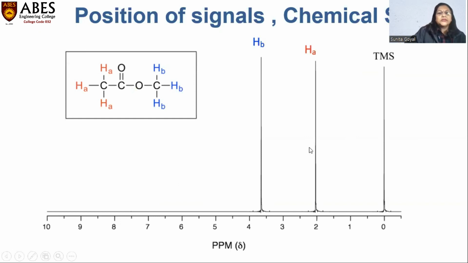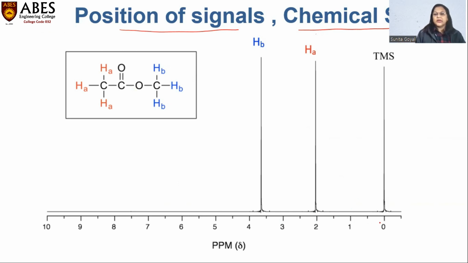Here we can see in this spectrum how we see different signals and how we can know about the chemical shift. In this spectrum, the signals start appearing from 0. This chemical shift is denoted by delta in ppm, that means parts per million.